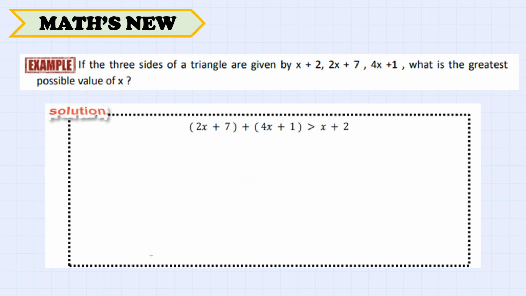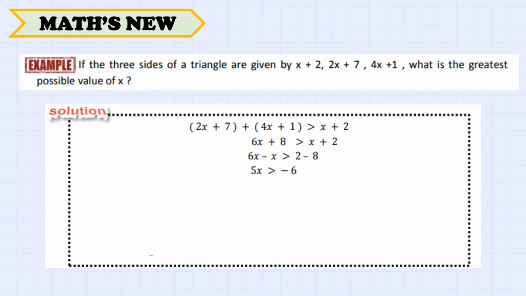Now, how about we add 2x plus 7 and 4x plus 1, and it should be greater than x plus 2. So combining like terms, 2x plus 4x is 6x, and 7 plus 1 is 8. It should be greater than x plus 2. Then 6x minus x is greater than 2 minus 8. And 6x minus x is 5x, and 2 minus 8 is negative 6.